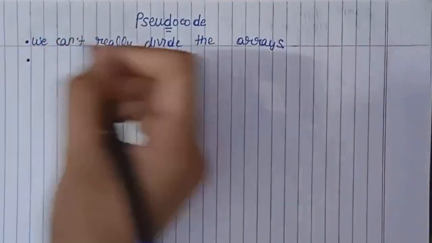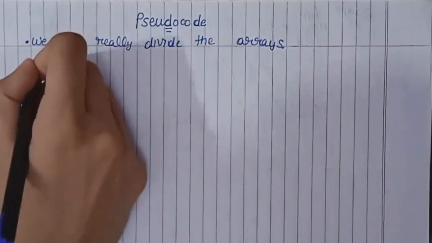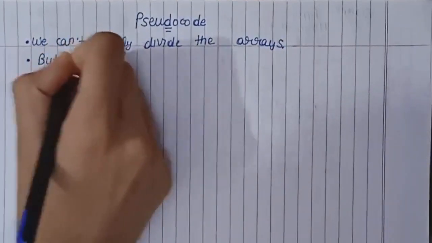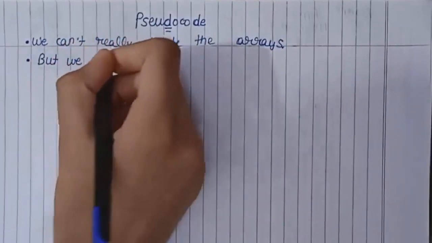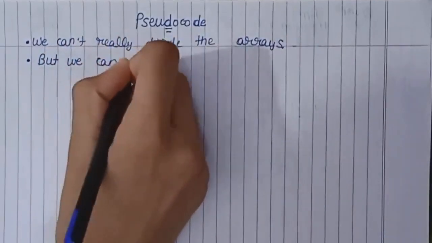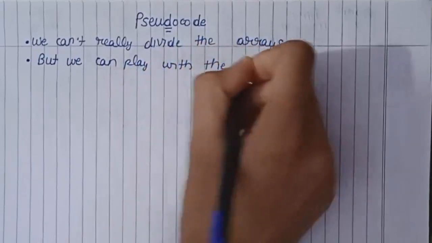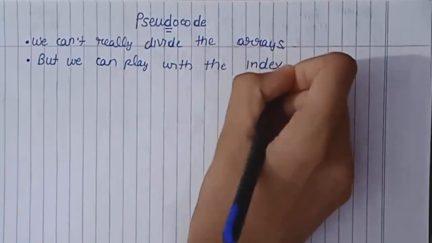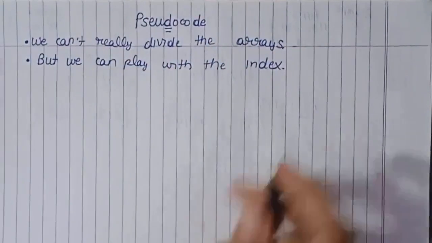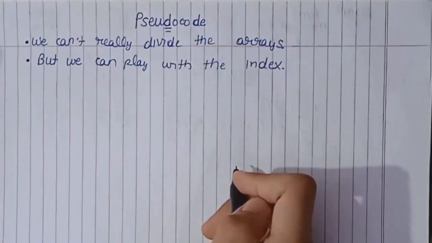Because the main game of the merge sort algorithm was dividing and merging. So here you need to note that you can't divide the array, but you can play with the index.